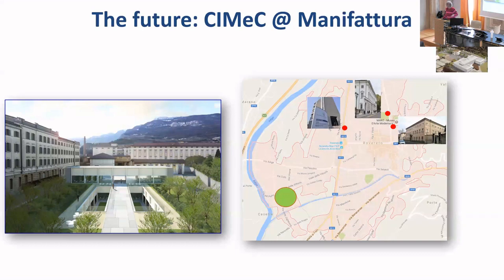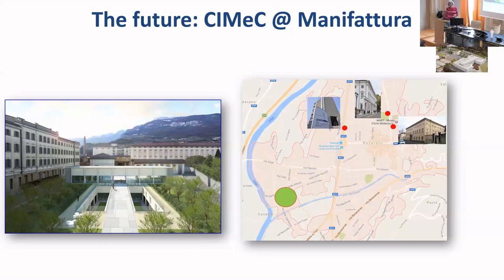Just one last word about future developments for CIMEC. I showed you that the different labs are located in different buildings within Rovereto, but also outside Rovereto. But we are currently moving all together to Manifattura, which is here in the green spot that you see on the map.